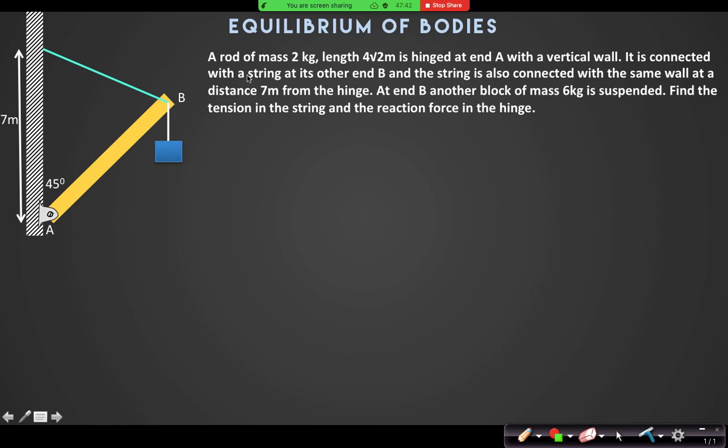It is connected with a string at its other end B, and the string is also connected with the same vertical wall at a distance 7 meter from the hinge. At end B, another block of mass 6 kg is suspended. Find the tension in the string and the reaction force at the hinge.